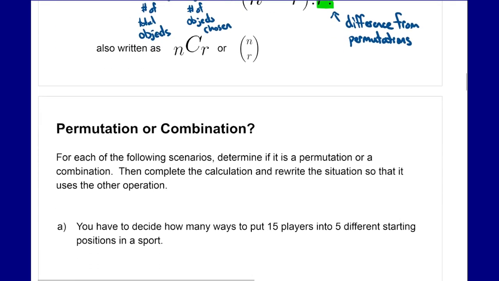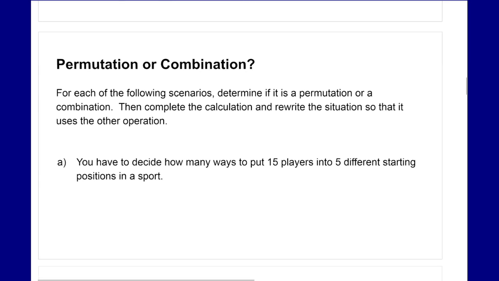So let's look at a couple scenarios and see if we can determine whether it's a permutation or a combination. We want to make sure we can identify that. A: you have to decide how many ways to put 15 players into 5 different starting positions in a sport.